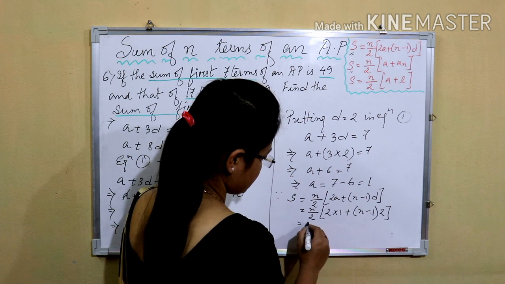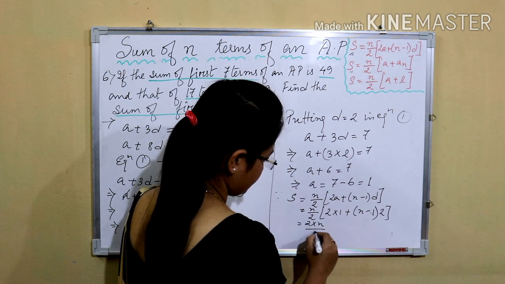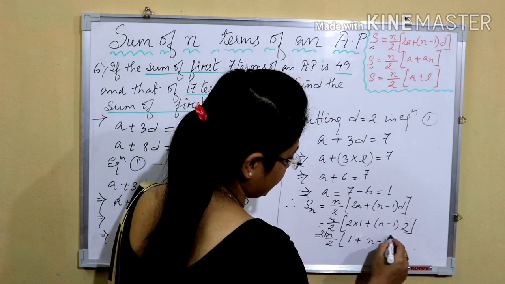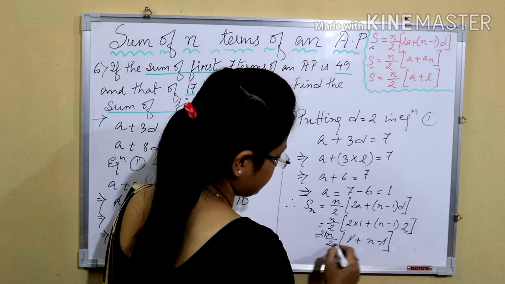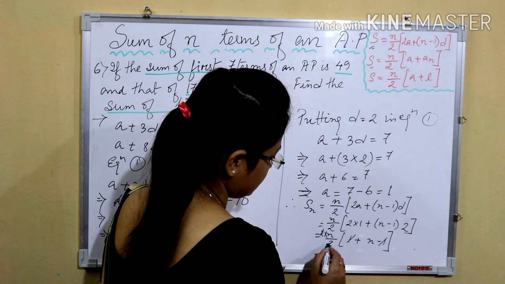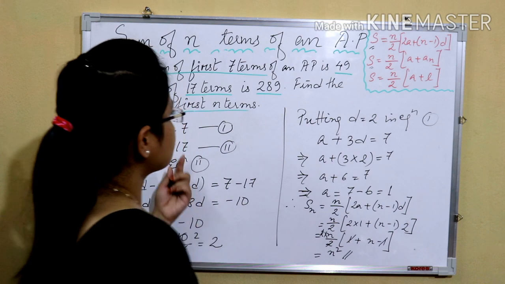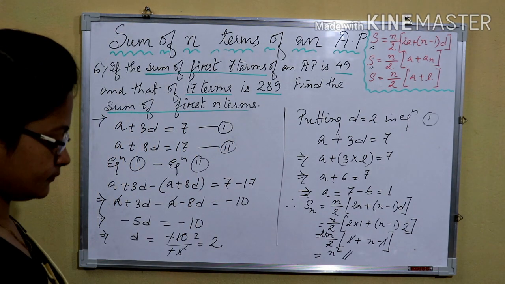So we can take 2 as common. So 2 into n by 2, 1 plus n minus 1 will remain. So minus 1 plus 1 will be cancelled. 2 will be cancelled. So n into n will be n square. So the sum of first n terms we got is n square.